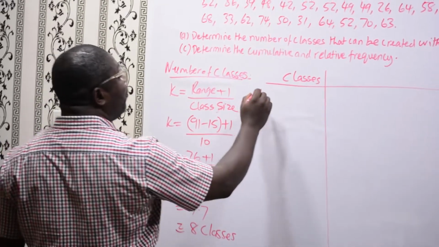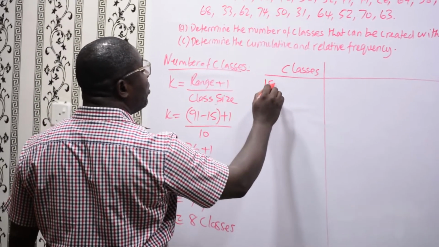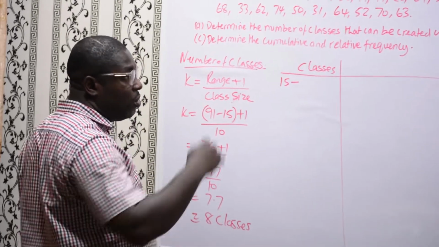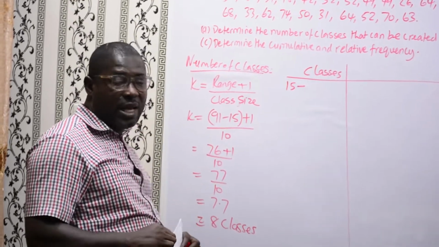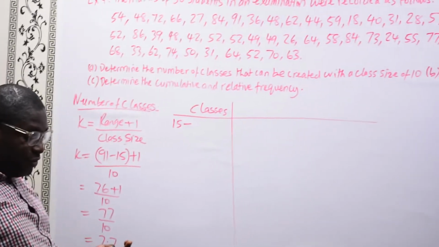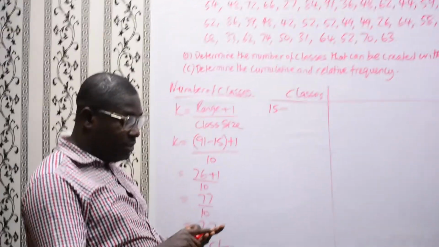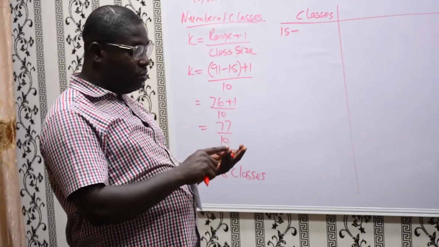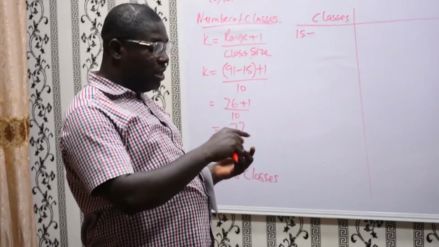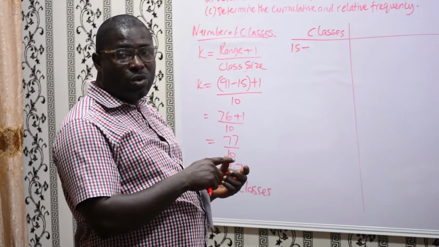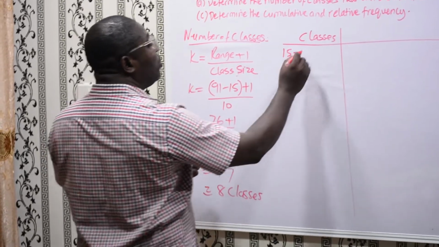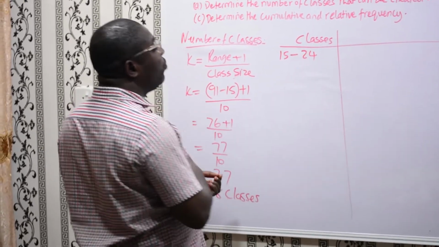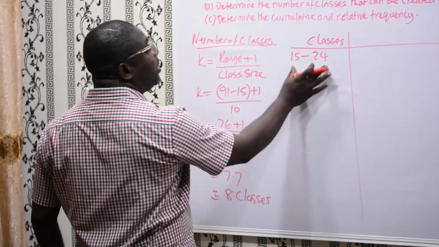So if we have 15 here, let's now count the class size. For 15, we have 15, 16, 17, 18, 19, 20, 21, 22, 23, 24. So that means it's going to end at 24. So 15 to 24 will be the class size.